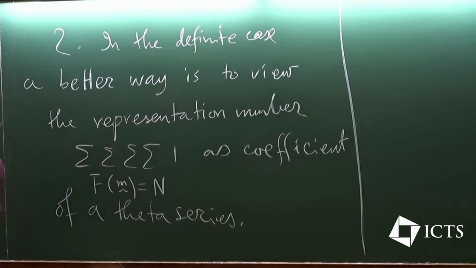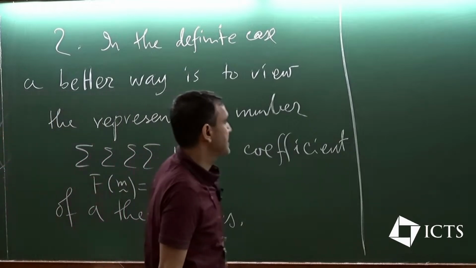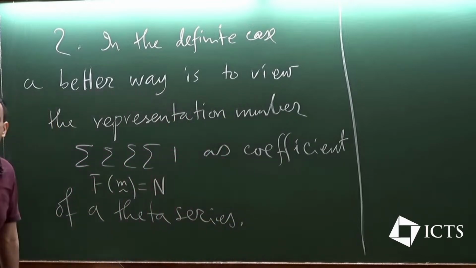So these will be theta series, and then every modular form you can decompose as Eisenstein series and cusp form, and at the level of coefficients, that will give you precisely the main term and error term.